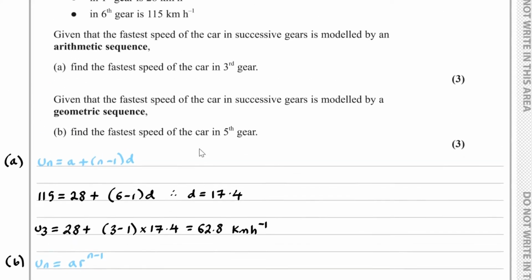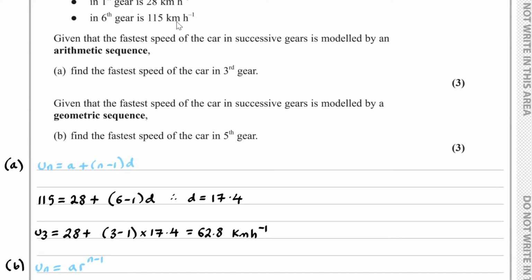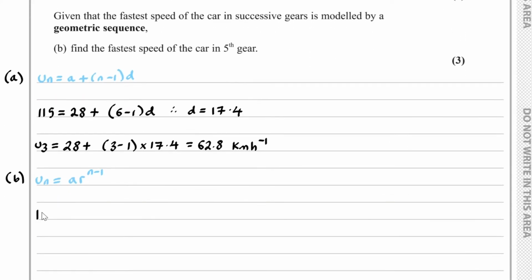So again, if we use the information given in the question for the sixth gear, we have 115 equals a, that's 28, multiplied by r, and we raise this to the power of 6 minus 1. So what we can hopefully see over here, r to the power of 5 is equal to 115 over 28, and with this we can find out what r is.